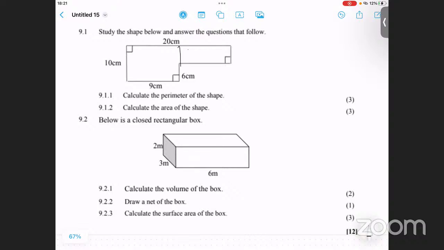I added all the numbers surrounding: the width 20, 10, 9, and 6, and half of 10 because there's another number by the side. Why is it half of 10? How do you know that it's half of 10? Because it looks like half of the square.